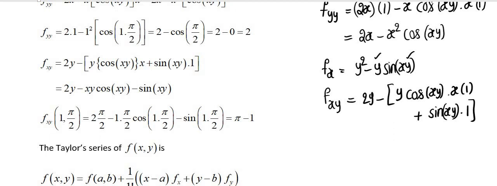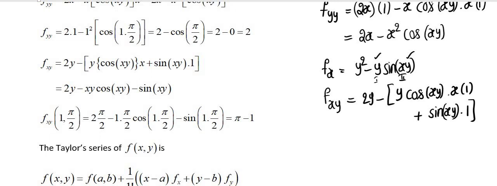Once again, first I am treating this as first function, this as second function. First function into differentiation of second one, sin of xy differentiation is cos of xy into x into 1, plus second function into differentiation of first function, that is y differentiation is 1.